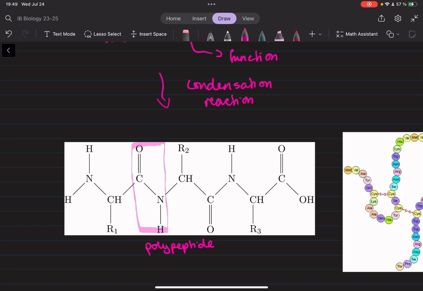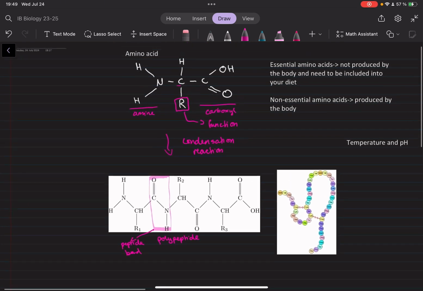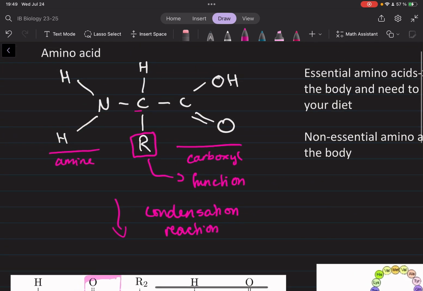Essentially, the bond is called a peptide bond, and it's this part over here. Sorry, you can't really see that, but this is called a peptide bond, and it's the carbon and the nitrogen bonded together, and then we also include the oxygen and the hydrogen because that is the part that changes. So if we take this amino acid, for example, let's just say that this group and this group are on two different amino acids.